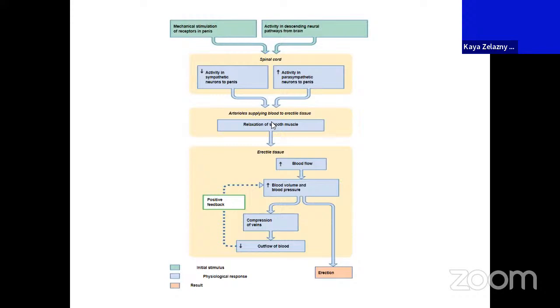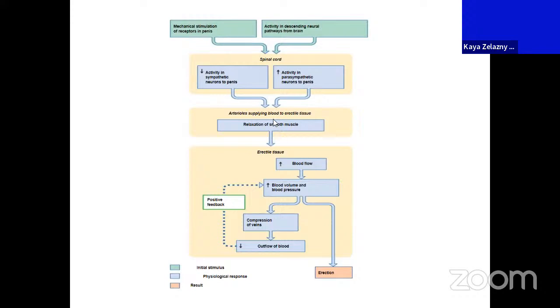Okay, so what's happening? We've got smooth muscle around those arterioles. The smooth muscle relaxes in response to the parasympathetic innervation. So as it relaxes, we know that means we're basically going to have dilation of those arterioles, right?